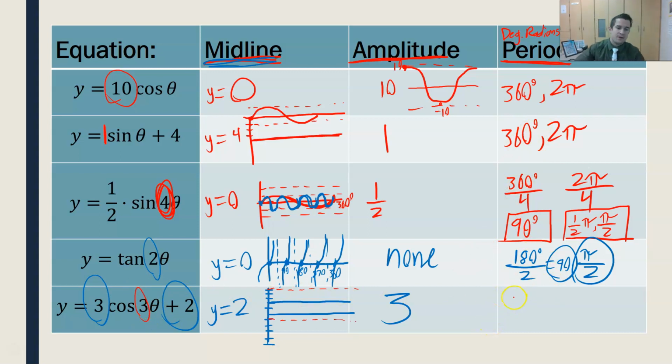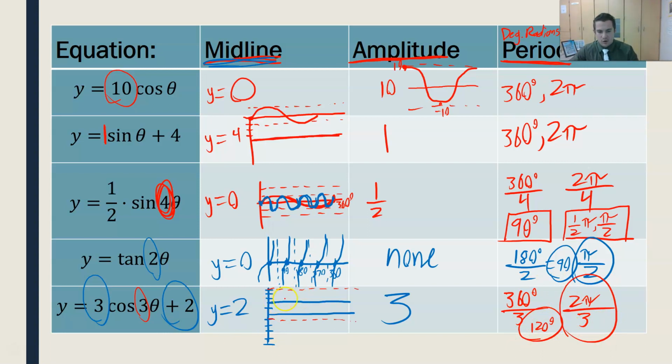So in order to find the period, I'm going to take the parent function's period, which is 360 degrees, or 2 pi, and divide that by 3. So 360 divided by 3 is going to be 120 degrees, so that's my new period, or 2 pi thirds.